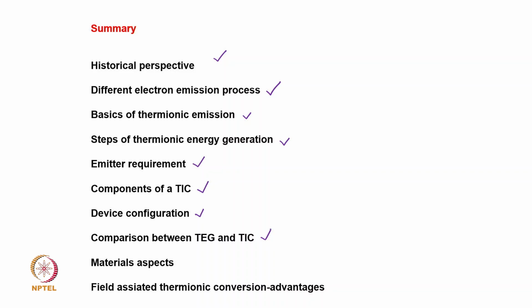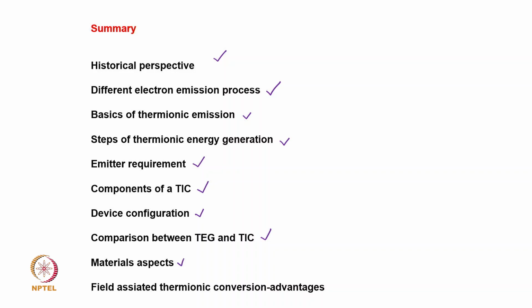And then we discussed broadly the material aspects. So, in the material aspects we have seen that the classification of materials are for the emitter material and the collector material, and we discussed in detail different emitter material like refractory metal, oxide, and the hexaborides as good thermionic emitter material, and what are the key properties of this material.